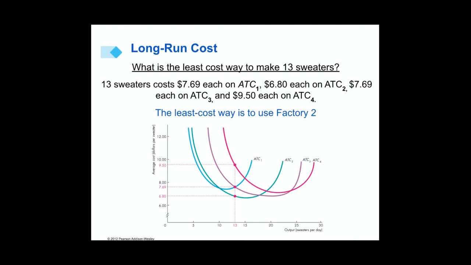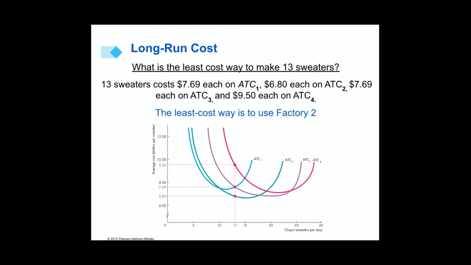So the least cost way to make 13 sweaters is to do it on factory number 2, the one that has 2 knitting machines, because on that factory the average total cost is $6.80.